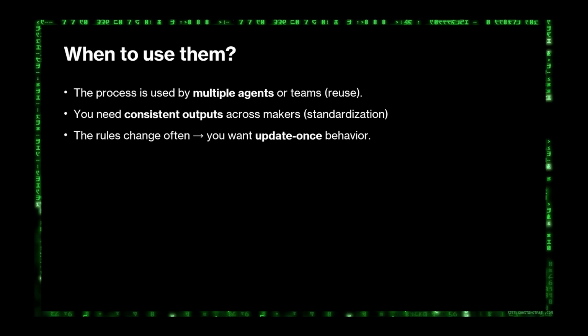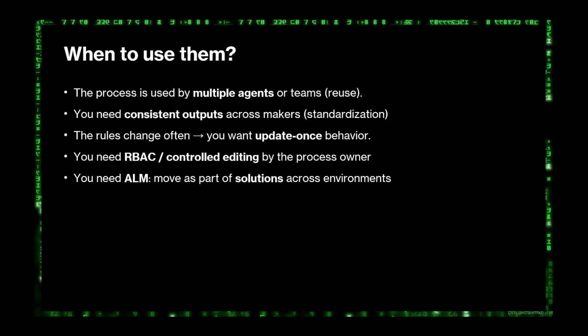Then, if rules change often, you do not want to always update the instructions of your agent, but you want to have a place where you can make a one-time update and then get it deployed across all of your agents. Also, role-based access control is important, and you can make use of that.